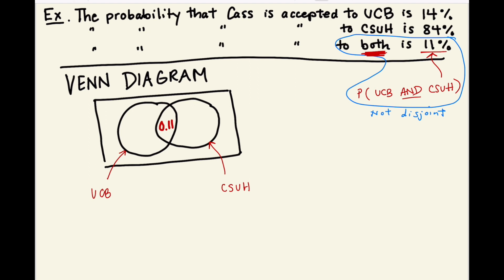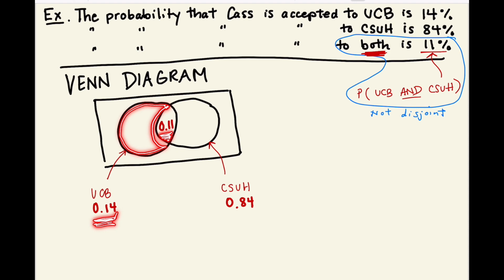Now, I was given that the probability of being accepted to UC Berkeley was 14% and Cal State was 84%. So if I know the probability of being accepted to both, and I know the probability of being accepted to UC Berkeley is 14%, then that allows me to figure out the probability of being accepted to UC Berkeley but not being accepted to Cal State Hayward.